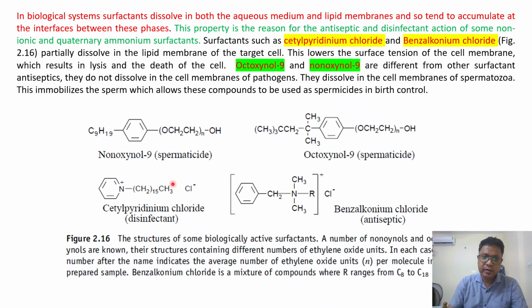If we have this kind of spermicide and we incorporate a long chain here, and then make a surfactant out of that, it can simply act as a spermicide. Same here also.